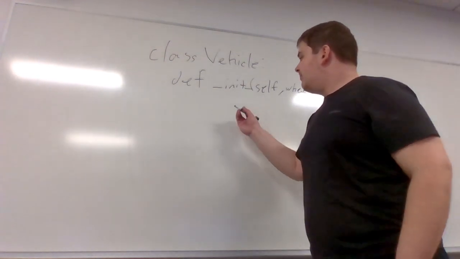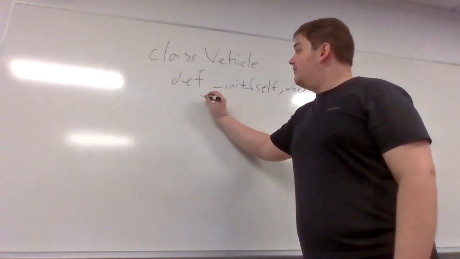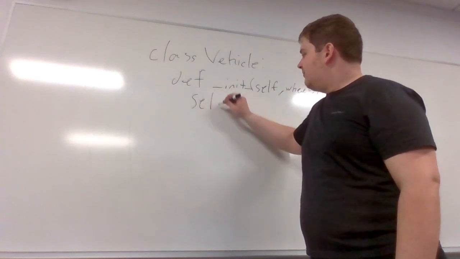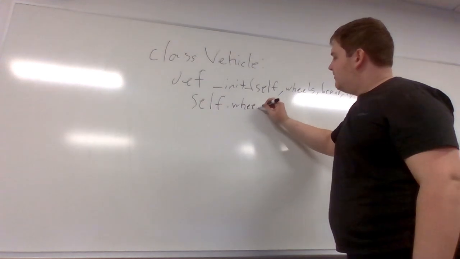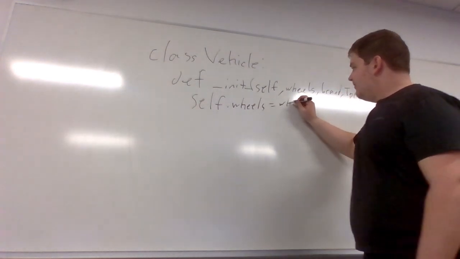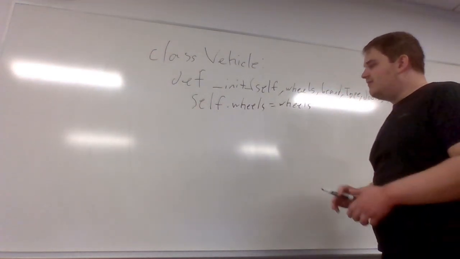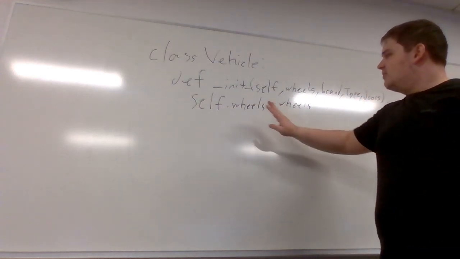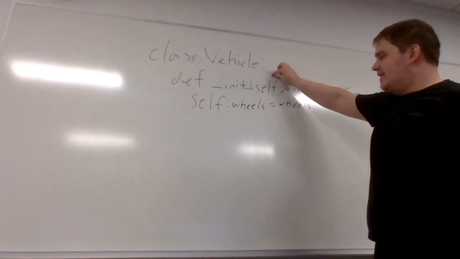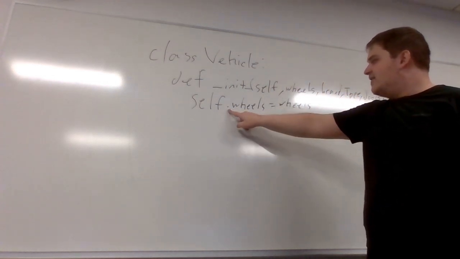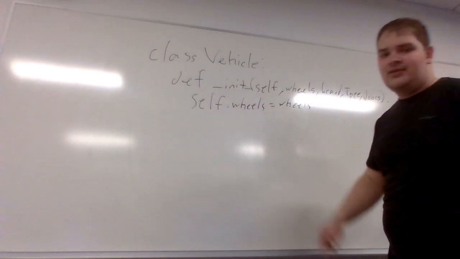So now, using the self keyword in the function, we'll do self.wheels is equal to wheels. Now this is kind of confusing, but we're saying that when we define the object, right, when we define itself, the object, it's going to have an attribute called wheels.